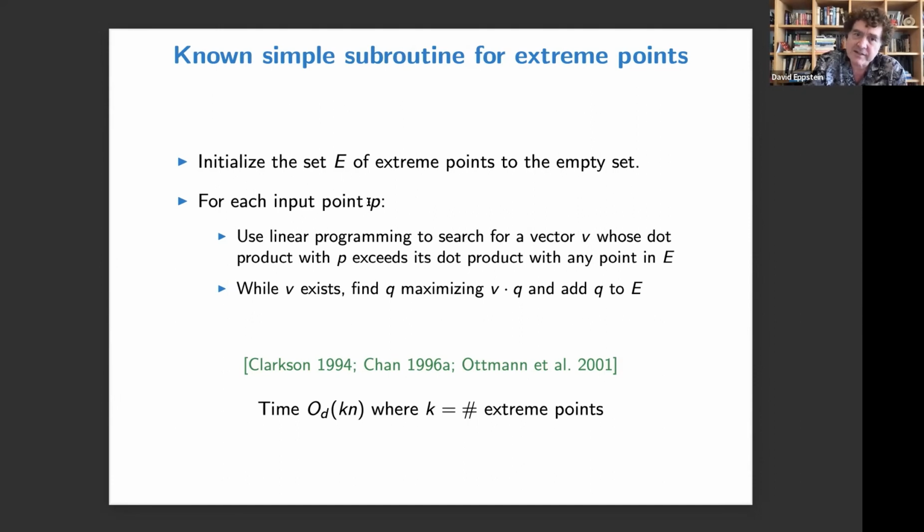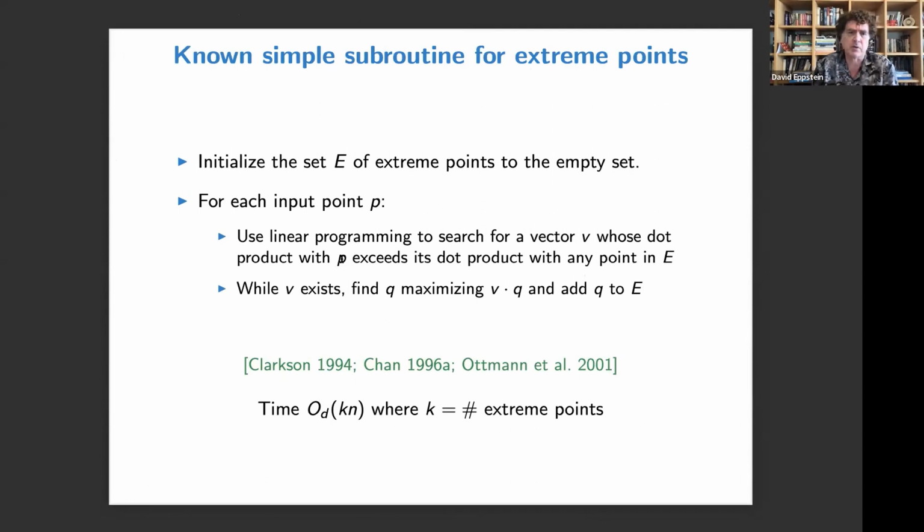In other words, let's test if, in that set of points E that we've found so far, plus P, is P one of the convex hull vertices of just that subset? It's a linear program. You can solve it in time O of K because it's a bounded dimension linear program with order K constraints.